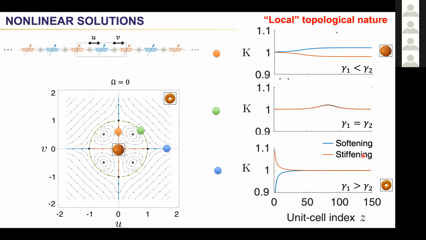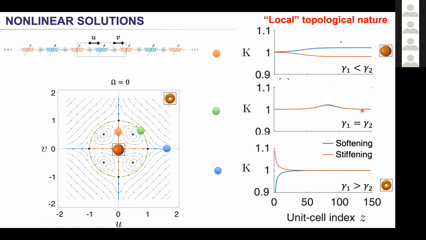So as we can see along the chain, this is always less than gamma 2, whereas for the configuration outside, we have gamma 1 greater than gamma 2. And for the soliton, these two exactly match.